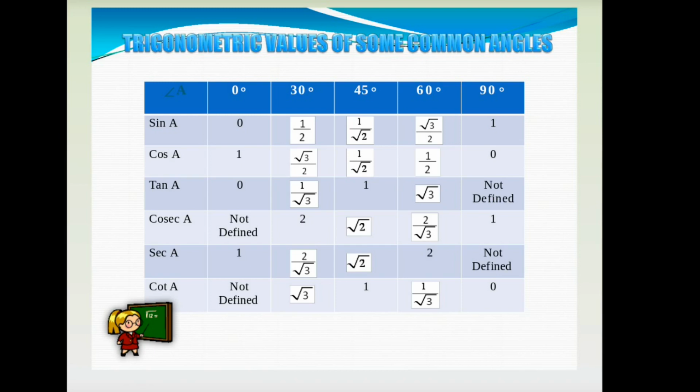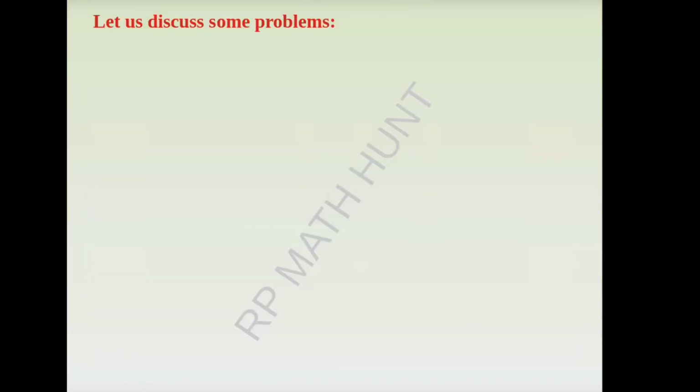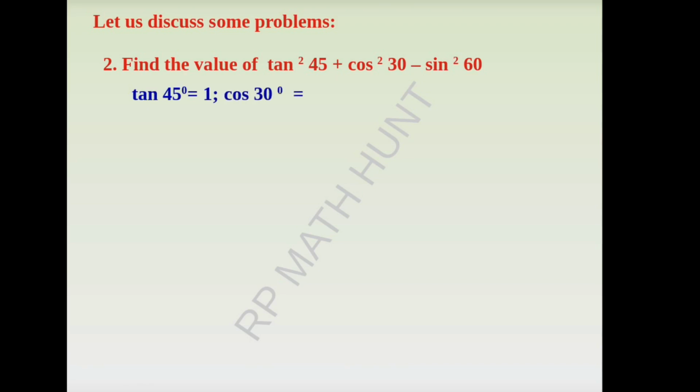Now observe, my dear children, all the values are on the screen. Find the value of tan square 45 plus cos square 30 minus sine square 60. Tan 45 degrees is equal to 1, cos 30 is equal to root 3 by 2, and sine 60 is equal to root 3 by 2.